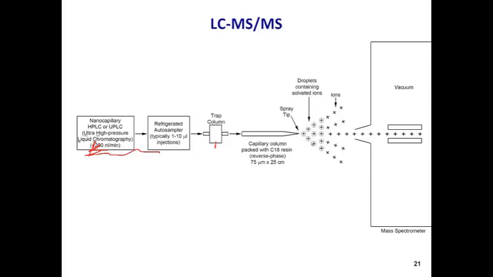These positive ions are desolvated as a result of being sprayed into the atmosphere, as well as when they enter the vacuum of the mass spectrometer, and we have naked positive ions that are in the gas phase at this point in the vacuum of the mass spectrometer.